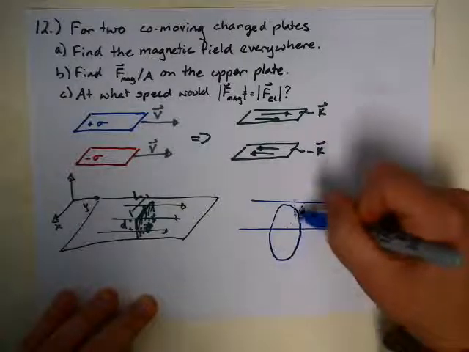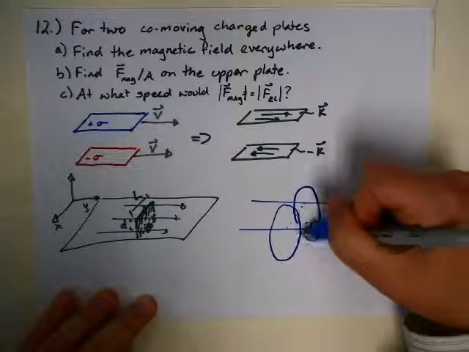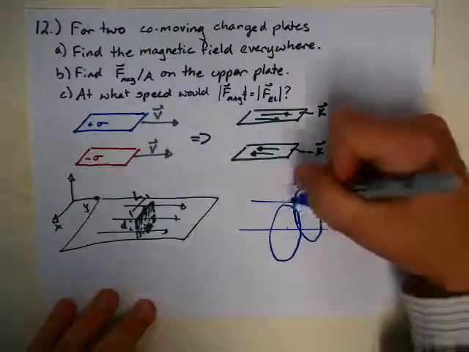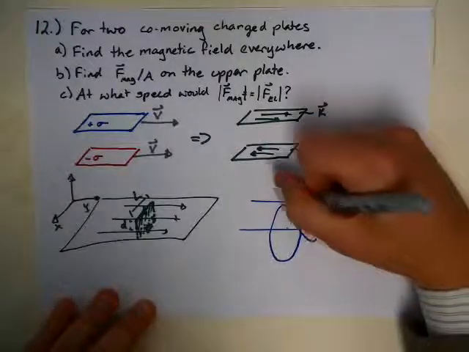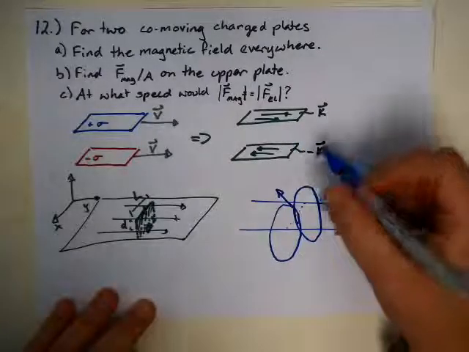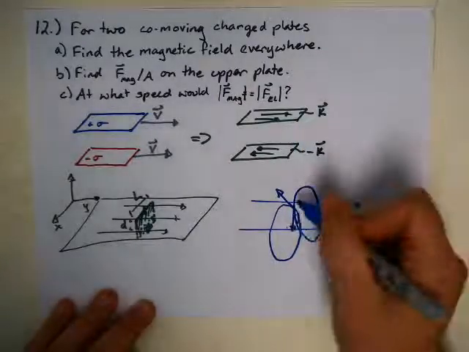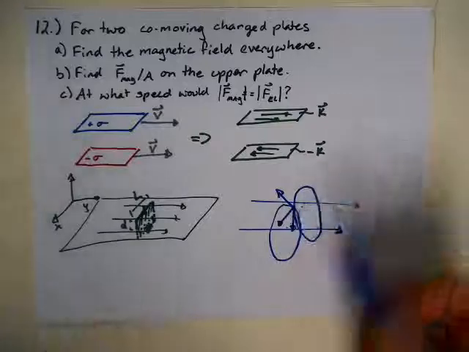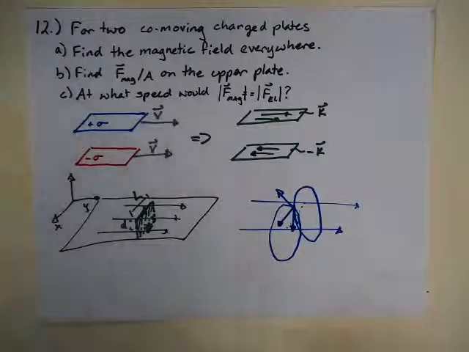And so if I try and draw those, I'm going to get something like that. At this point, I know that the magnetic field will point that way for that line and that way for that line. The sum of those two is going to point sideways in the i hat direction.